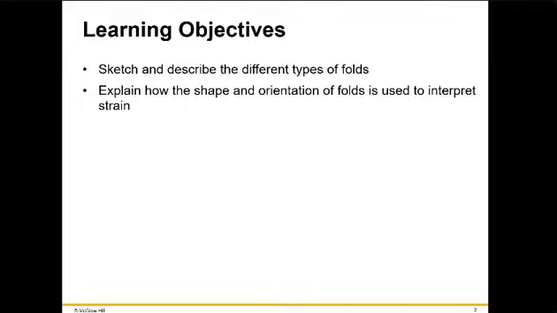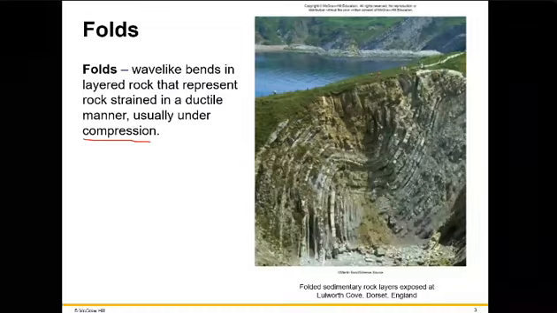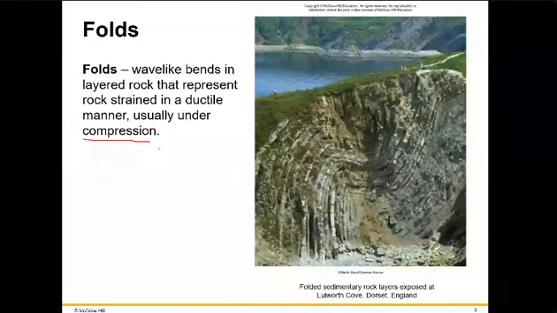Can you guys see my cursor? Yes, sir. Good. They are formed under compressional stress, and they are a type of ductile deformation. Did we differentiate between ductile and brittle deformation? Have we done that? Yes, sir. It's in your notes, right? All right.